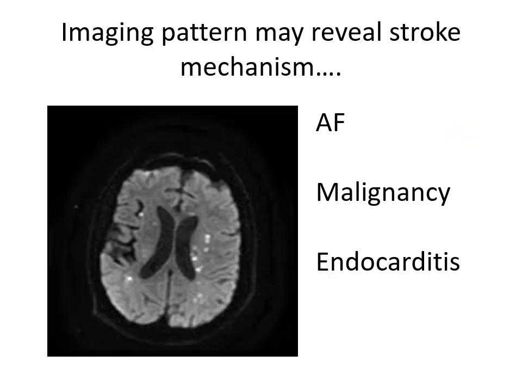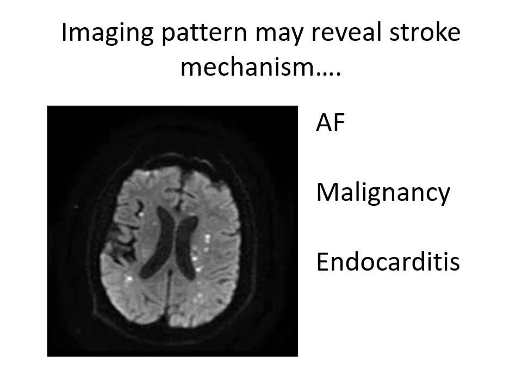The imaging pattern is really useful on scans. This is where MR comes in. So if you're getting multiple strokes on both sides, this is something that is south of the aortic arch. So AF, prothrombotic states such as malignancy, endocarditis, LV thrombus maybe, but this is not in situ disease and it's not carotids.